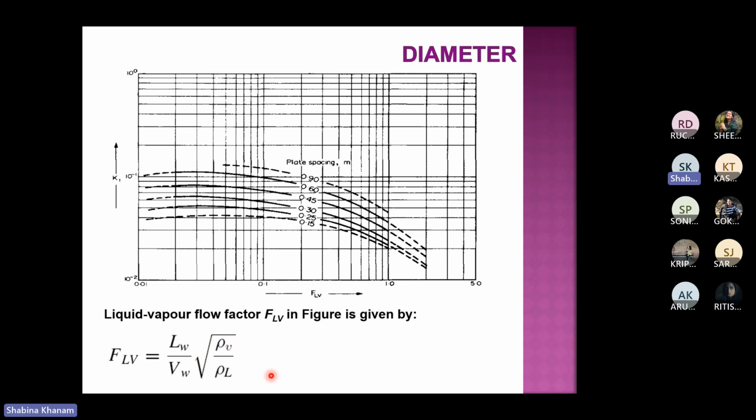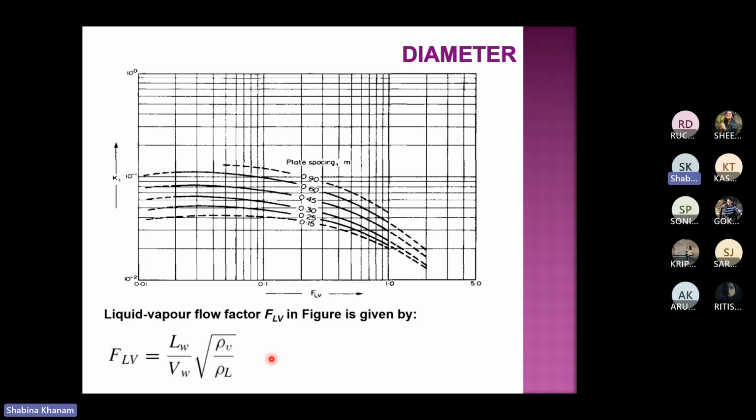LW and VW are the flow rates per unit area. If you consider this LW as well as this VW, both have the same unit, so that will be cancelled out. In other words, as it depends on the area, the area is the same for liquid as well as for vapor.